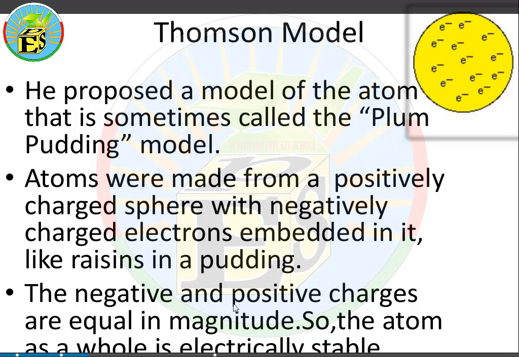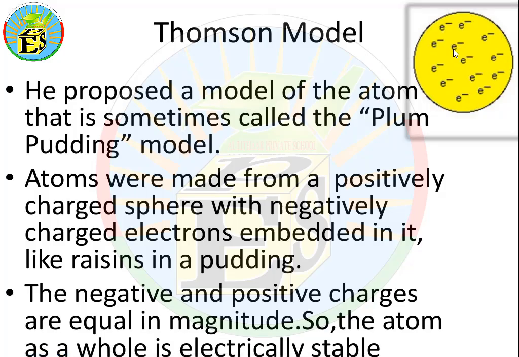The negative and positive charges are equal in magnitude, so the atom as a whole is electrically stable. This yellow sphere is the positive charge and these are the negatively charged electrons, but he didn't call them proton or electron.